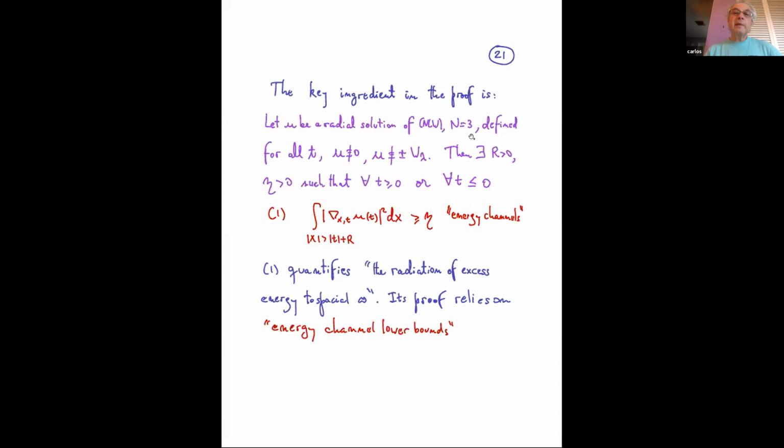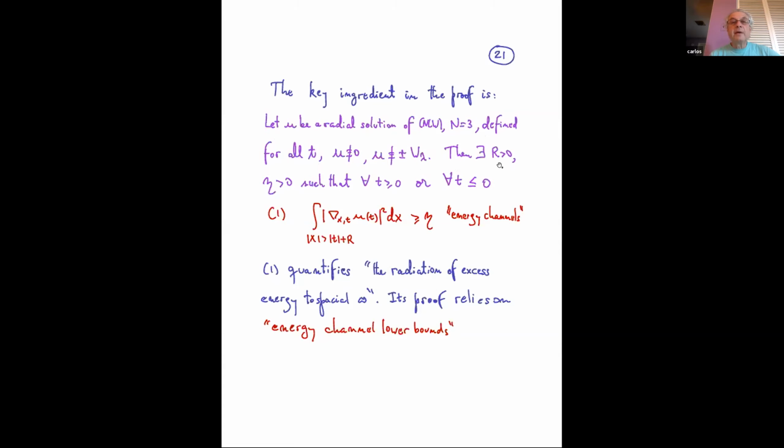So let me start by describing the key ingredient in the proof of this result. So this is the following fact. Suppose we have a radial solution of the nonlinear wave equation in 3D, and let's say defined for all time. And it's not identically 0, and it's not identically a soliton, W sub lambda.